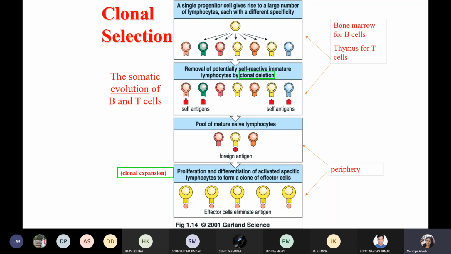Only in cases where sometimes the brain fails to recognize the self and non-self characteristics, then there is no discrimination and they take part in the immune response.